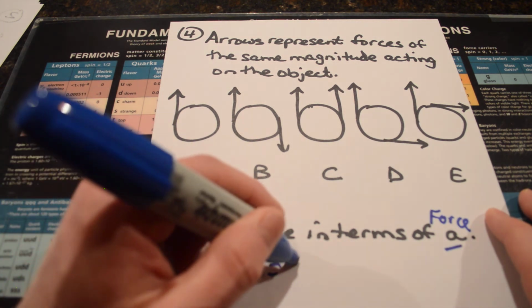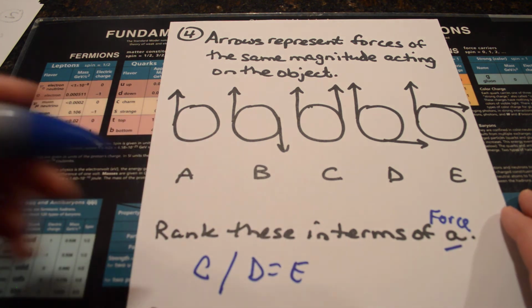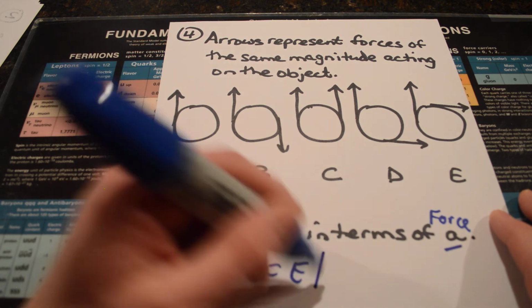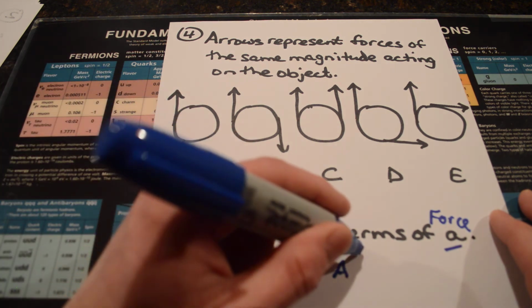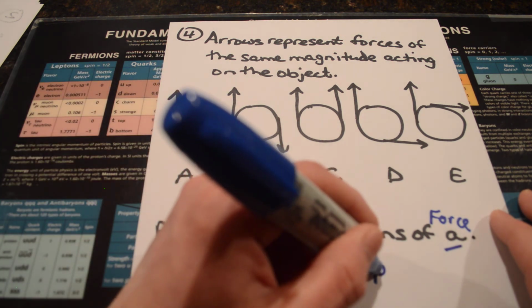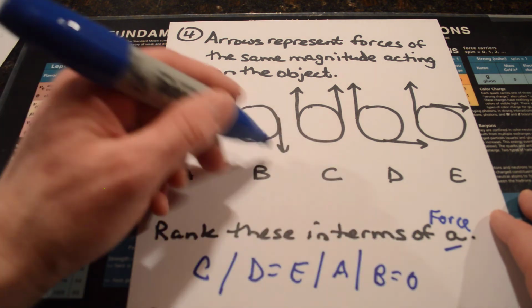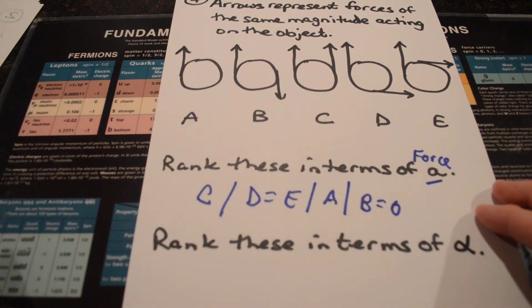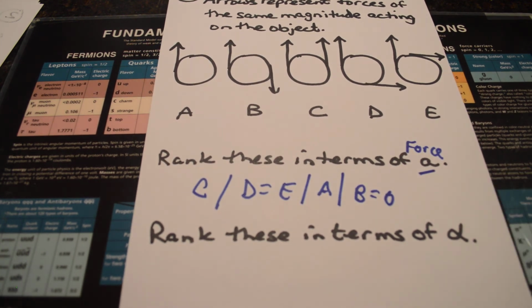D and E appear to have the same forces when you add them together, one up, one to the side. Then A will be the next because it has one force by itself. And then B, because it's got two forces canceling, would have a linear acceleration equal to 0.